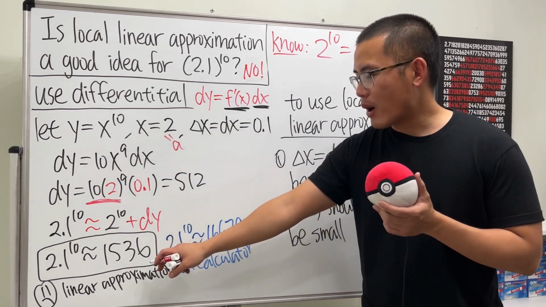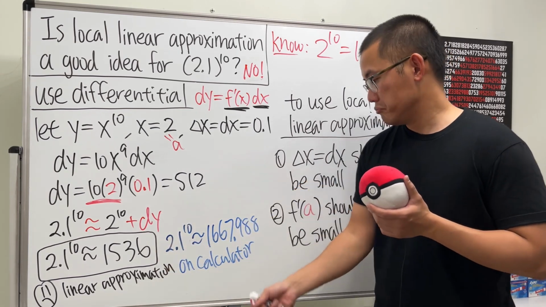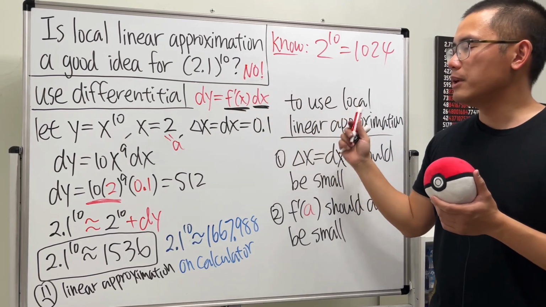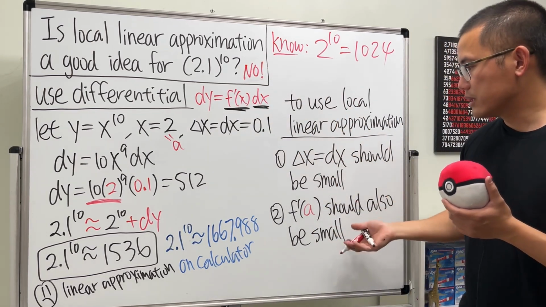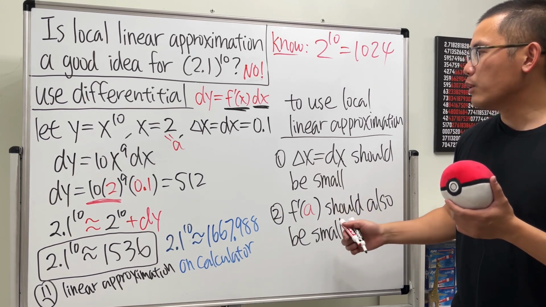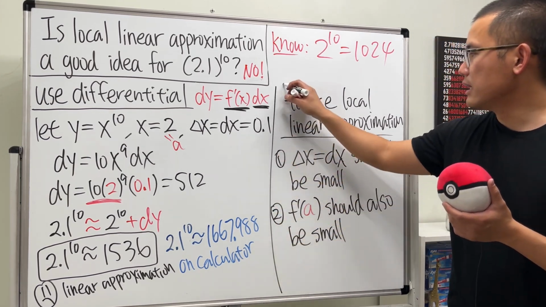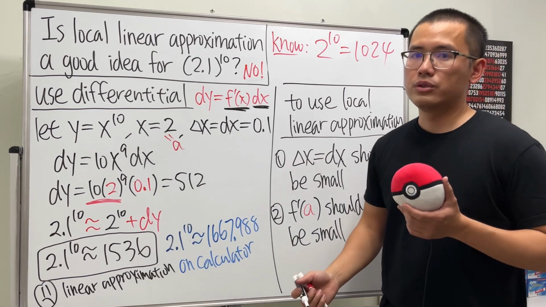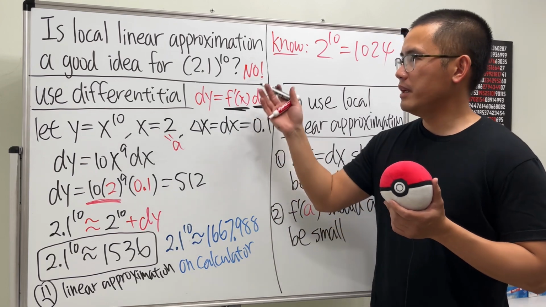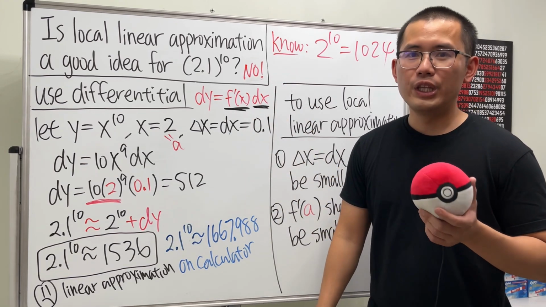That's why our approximation didn't go so well. This shows you the limitation of using the local linear approximation. You just have to use it with caution. But if both of these are satisfied, then local linearization is actually a very good approach, especially if you are doing Calc 1. And you might be wondering, how can we make the approximation better? Well, take Calc 2.